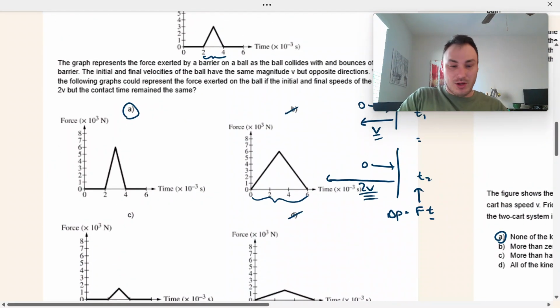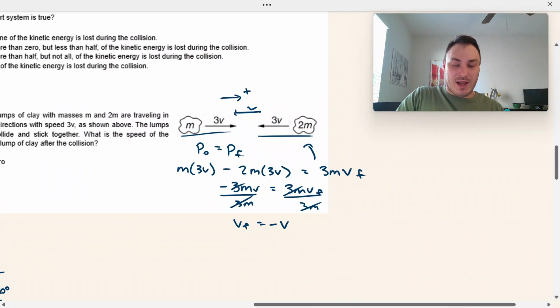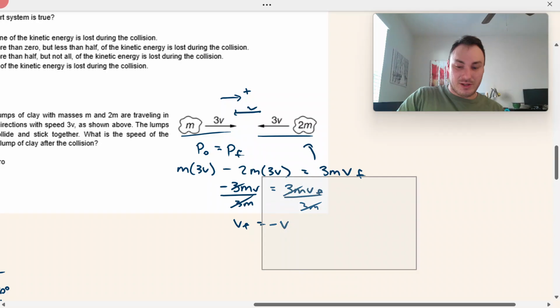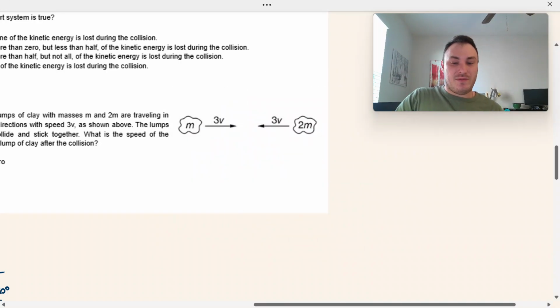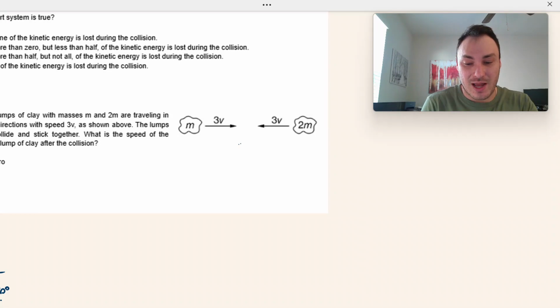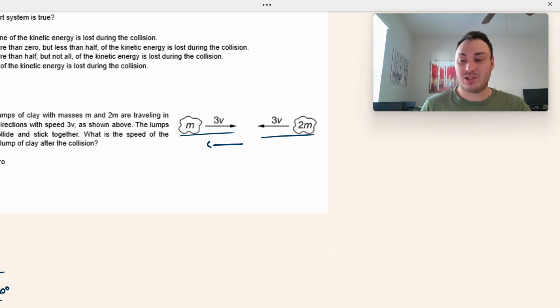Like, for example, going back to this one right here. If we have these two objects running toward each other, moving at the same speed, and they're going to stick to each other, and one has a mass of m and the other has a mass of 2m, we know that realistically these two objects are going to move this way. This one is going to overpower this one, and they're going to move with a speed to the left.